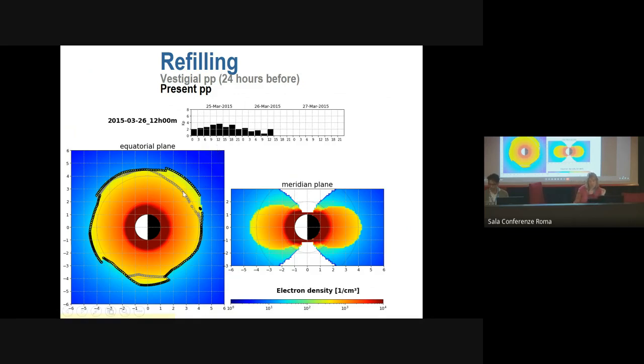But it's not immediate that this region is completely filled again. Thus, there is a period of 3 days where you have a lower density in this region, between the low plasmapause that was observed 24 hours before, when the plasmapause was close to the Earth, and the region where the plasmapause is now further. And there you do not have a sharp gradient like that, but you have more refilling.